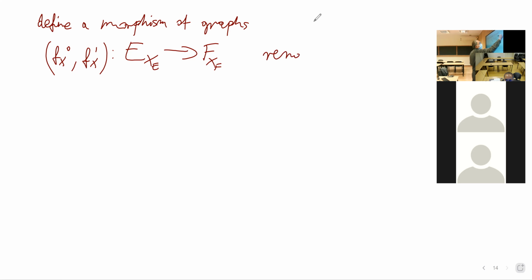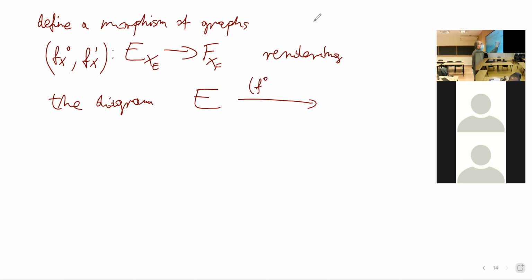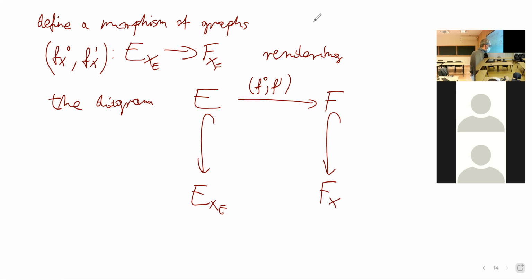So rendering the diagram, which has at the top the given morphism F0, F1 going from E to F. Here we go by the inclusion of graphs into X E, and here by the inclusion of graphs into X F. So I claim that these induced morphisms F0 X, F1 X complete the diagram.